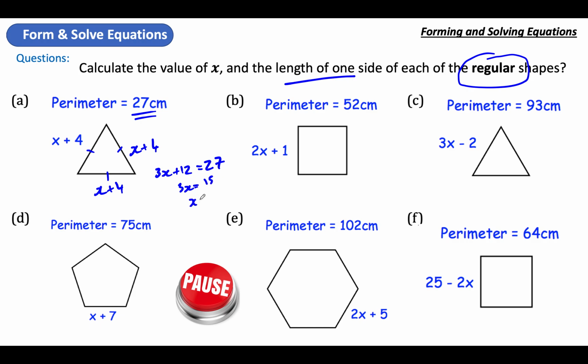And then divide it by the 3 to get x is 5. So each side will be equal to 5 plus 4, which equals 9 centimeters. Okay, so I want you to have a go at the rest, please. These are the final task for this bit, and then you can go.